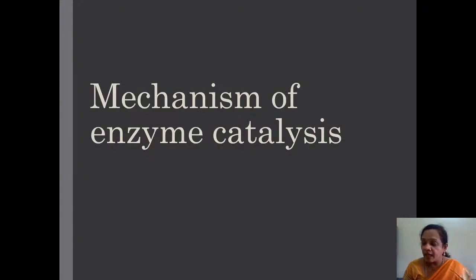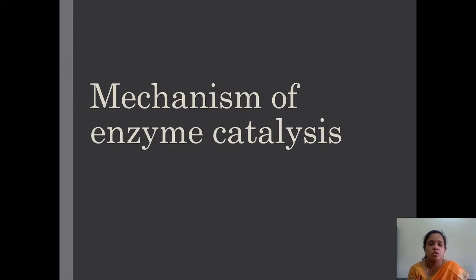Now we have seen that an enzyme enters into a reaction and modifies in a way. We have also seen that the enzyme helps in facilitating a reaction by decreasing the activation energy.